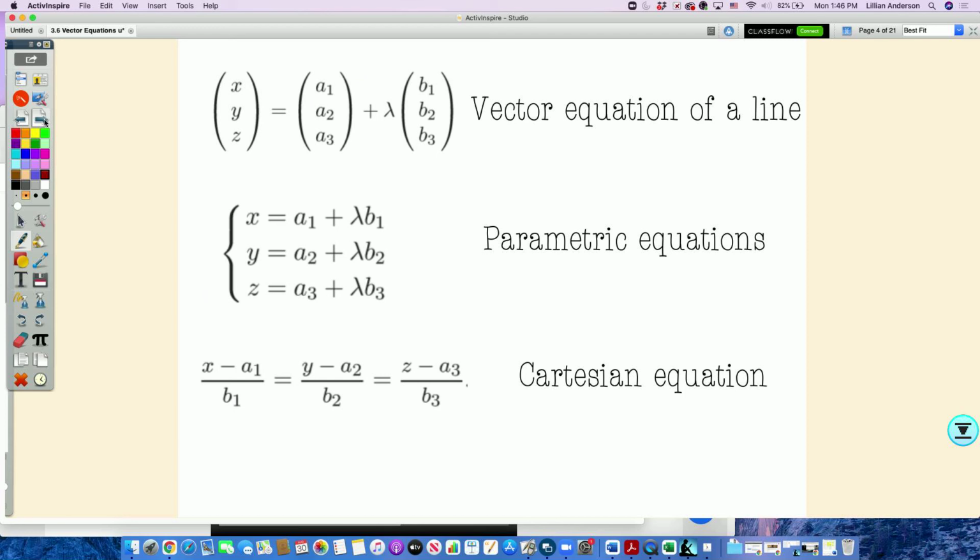And then there's the Cartesian equation form, where you take each one of these equations in the parametric form and solve for lambda and equate them to each other. That's the Cartesian equation. And you can go from one to the other, forwards and backwards.